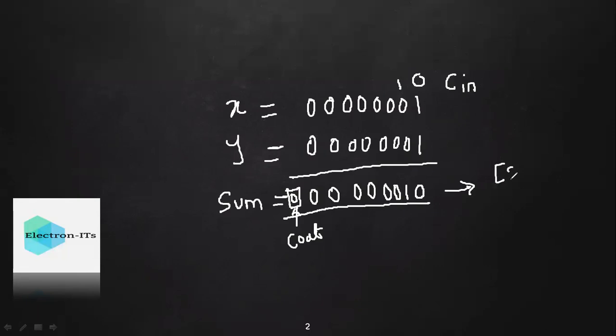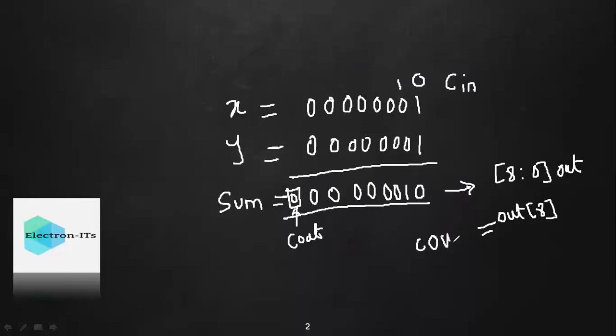Here I will represent that out signal as [8:0], and the 8th bit of this out signal is nothing but your carry out. C out is nothing but the 8th bit of your out signal.